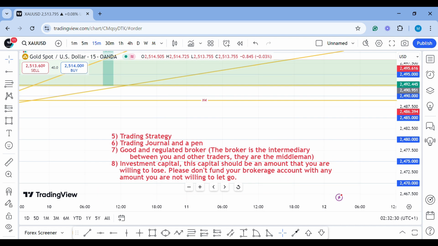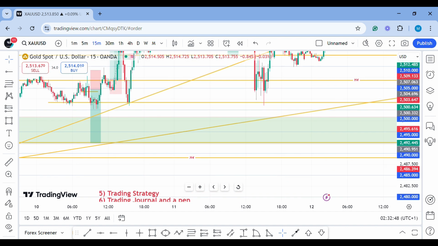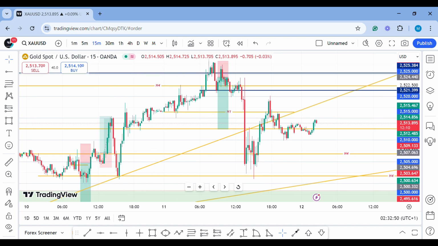So that's it. You can download your MT4 and MT5 on your phone now, and your TradingView as well. This is TradingView on my PC, you can see it.